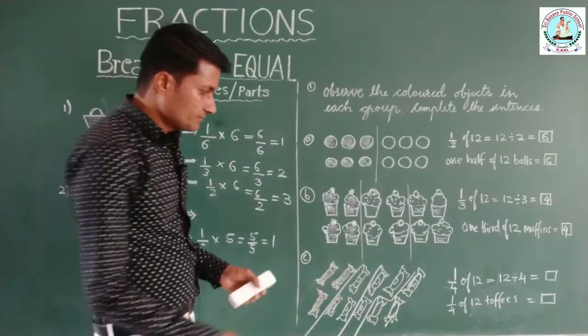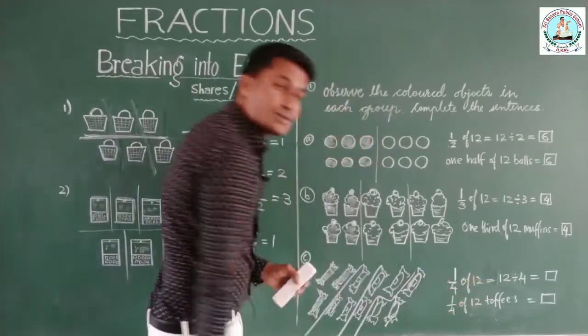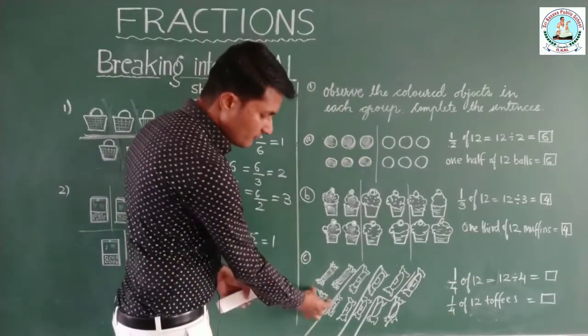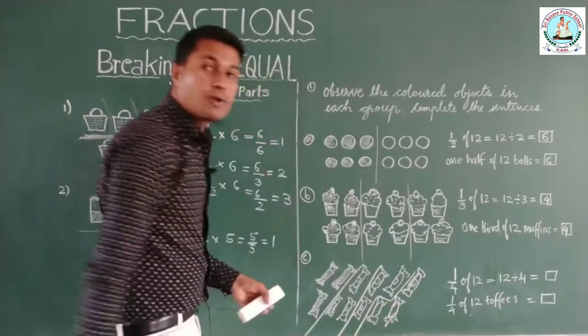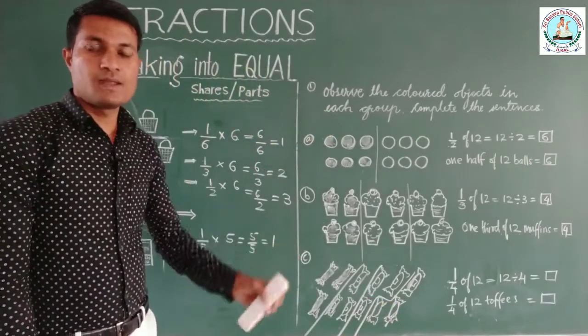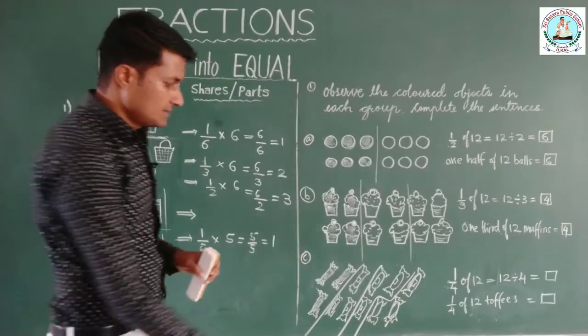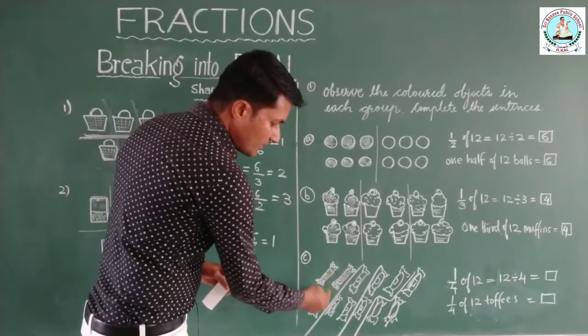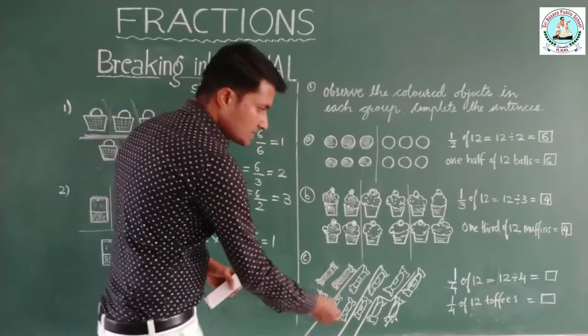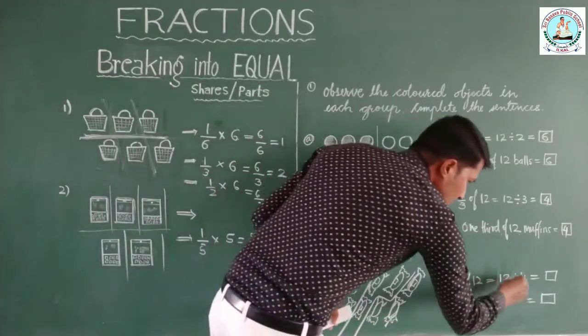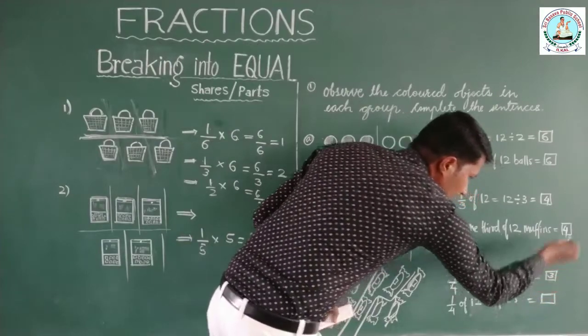So 1/4 of 12 is how much? So this is the 1/4. Why is it 1/4? Because they have made 4 equal parts out of 12 toffees. So this is the 1/4 part. And how many toffees are there in 1/4 part of the toffees? 1, 2, 3. So 1/4 of 12 is how much, or 12 divided by 4 is 3.